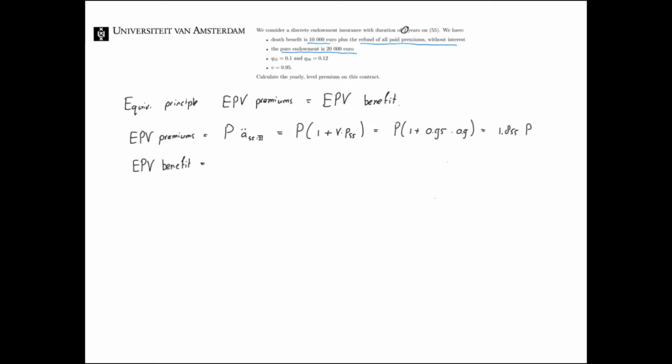Now, if we draw this in a quick timeline, let's see what happens. So if this is t is 0, this is t is 1, this is t is 2, then from the point of view of the insurance company, they receive a premium here, and they receive a premium at t is 1, and they will have to pay a death benefit here.